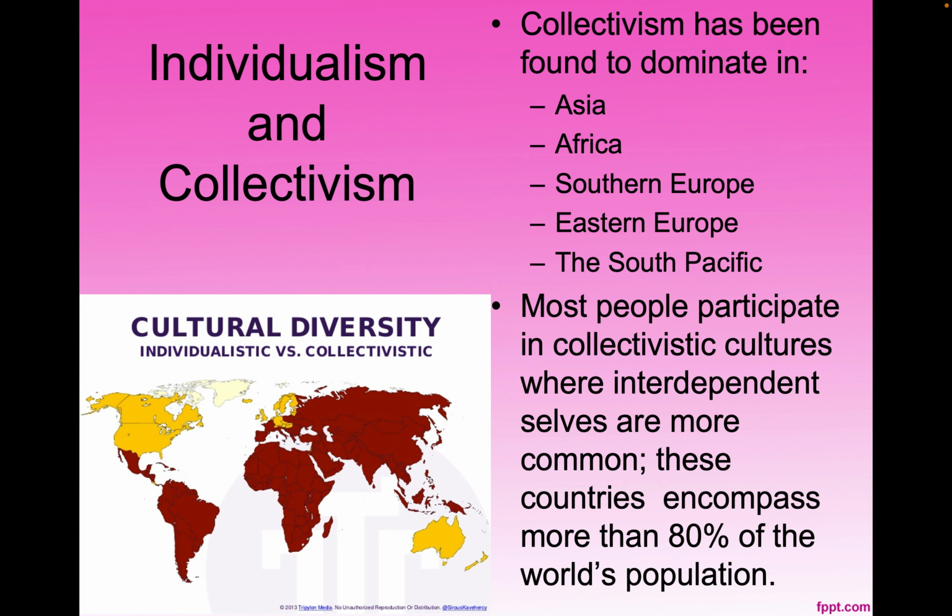These countries encompass more than 80% of the world's population, including the two most populous countries in the world, China and India. There's Russia, the largest country in the world. They're all collectivistic, as is Southern Europe, as is all of Africa, as is all of South America.